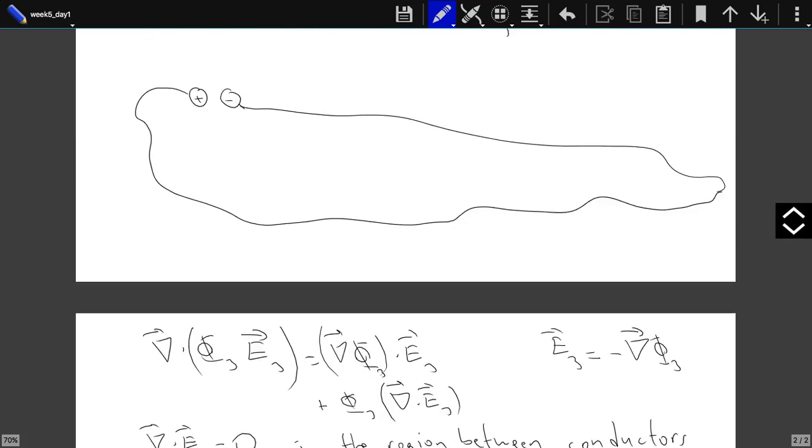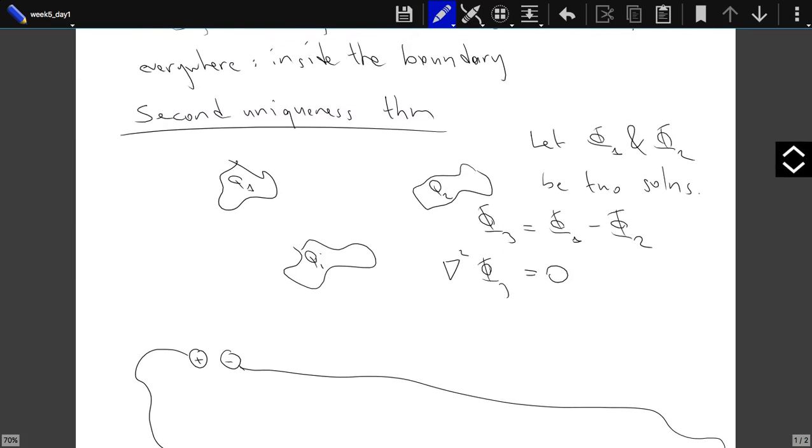Now, our surface is kind of a weird surface. Our volume was all this volume between the conductors. The surface is the surface at infinity, plus the surface of this conductor, plus the surface of that conductor, plus the surface of this conductor.